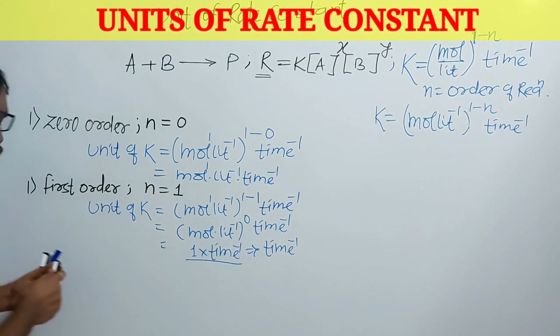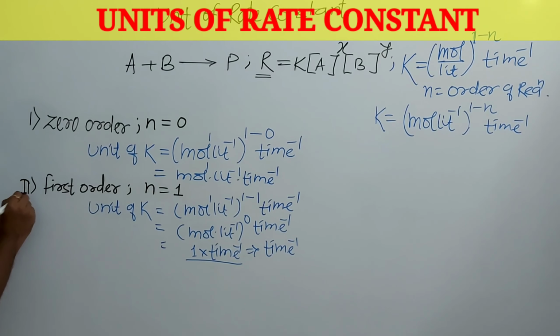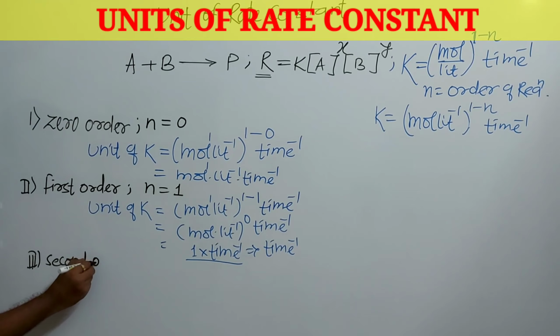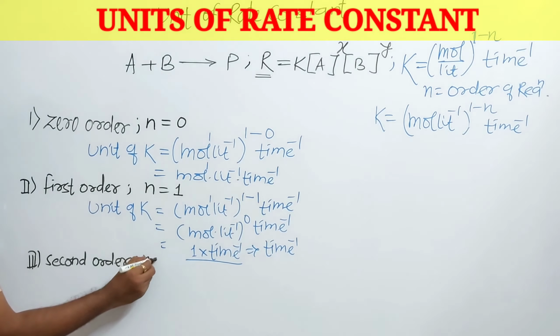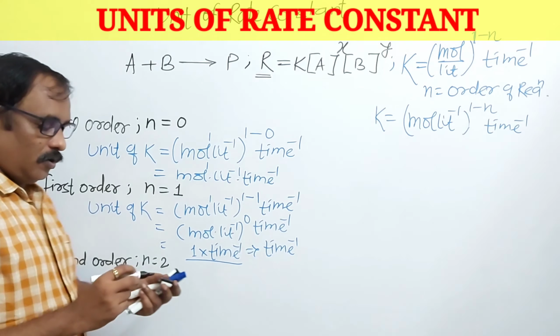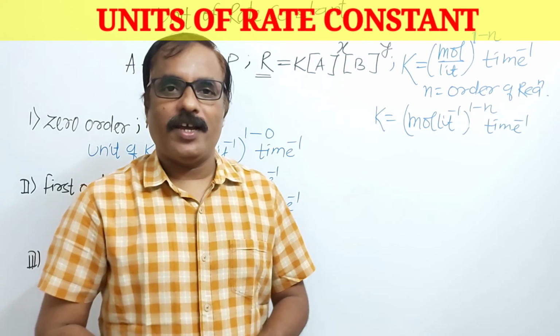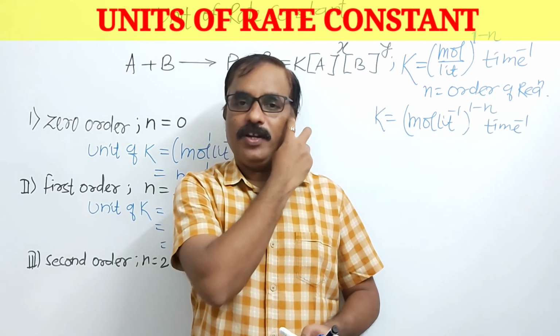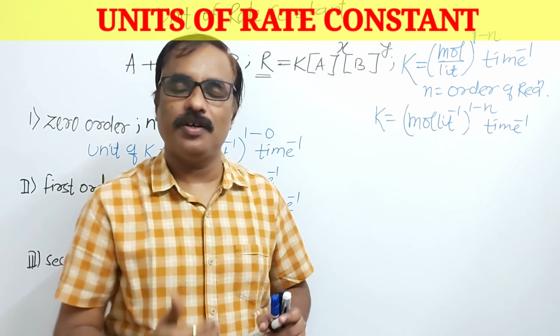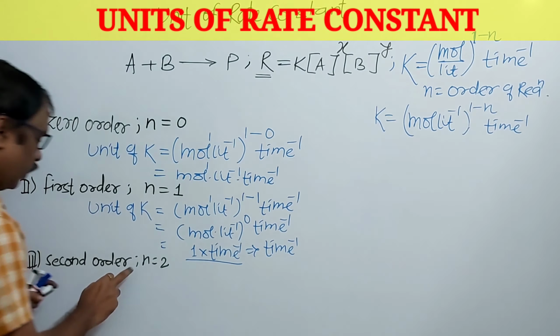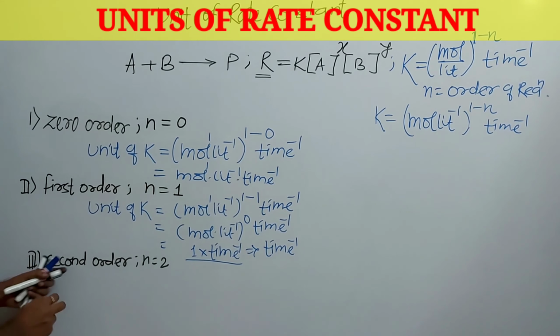Now third, suppose the reaction is a second order reaction. Here n is equal to 2. You know what is order of reaction? The definition of order of reaction and explanation about order of reaction we'll see in the next lecture. So here n is equal to 2 and it is a second order reaction.